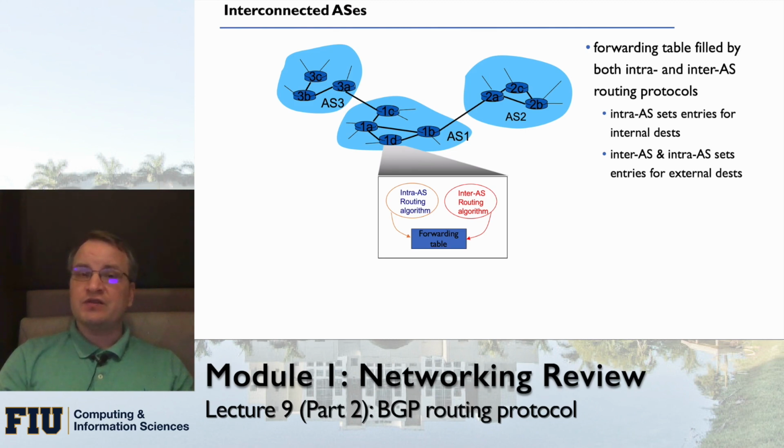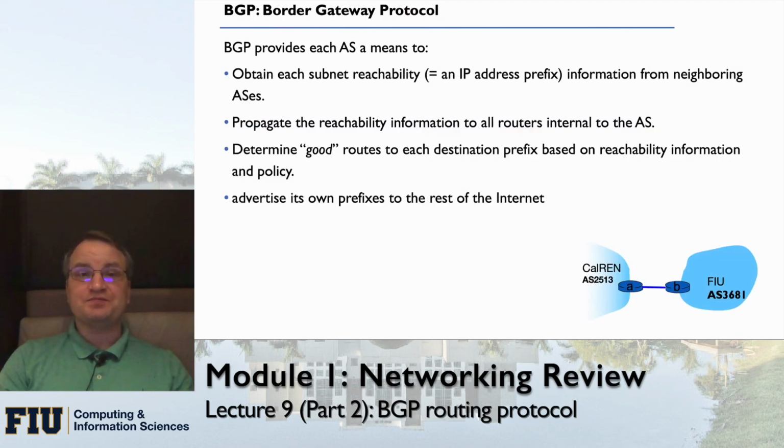Some entries are from the intra-domain routing protocol, such as OSPF, RIP, or some other protocol, and some entries came from BGP. Because you still need to effectively route every single packet. If it is for inside the network, then you have to know how to route packets inside the network. And if it is something from outside the network, then you have to know at least which direction to go if you have multiple connections. And this creates a little bit of a problem sometimes, but hopefully not too much.